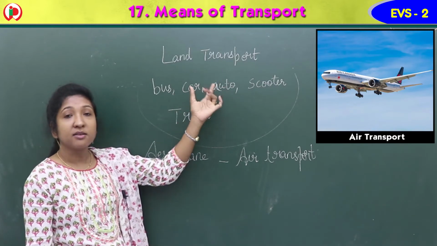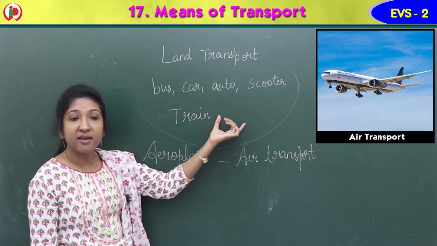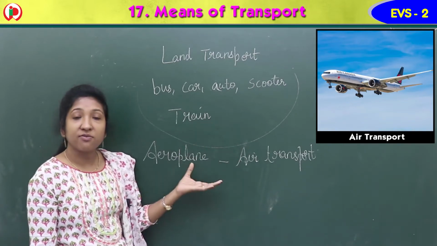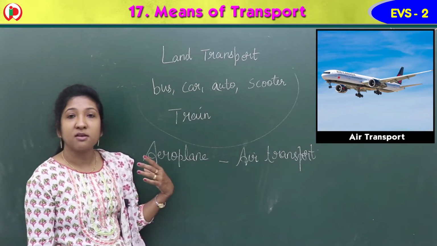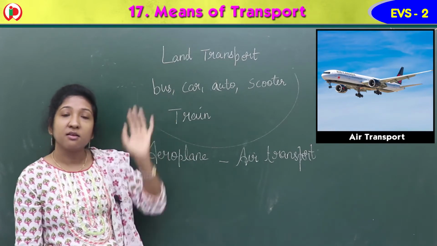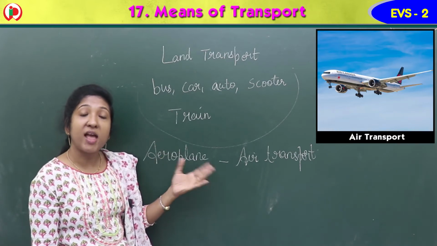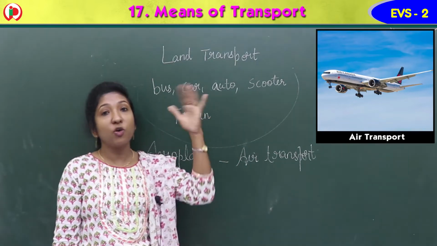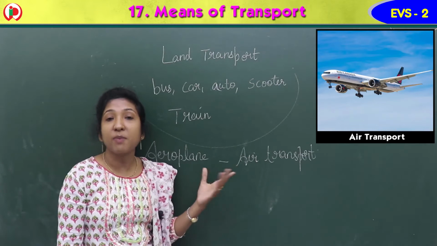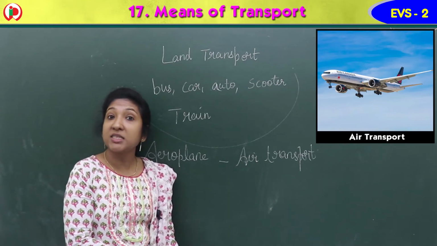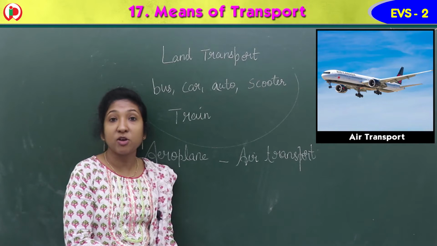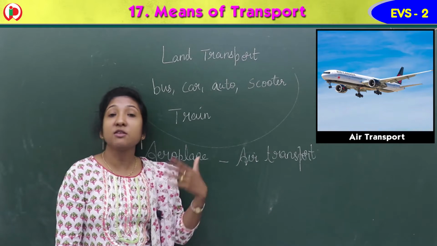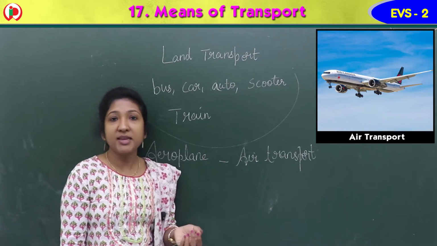First is land, the transport that moves on road or land is land transport. Transport that moves in air, we can say air transport. Aeroplane, helicopter fly in air, so they are air transport, we say. We take the help of an aeroplane when we want to go abroad, outside India. People go by aeroplane. It is the fastest means of transport, we say, because we can reach our place within a few hours. Very fast, very soon we reach the place, isn't it?